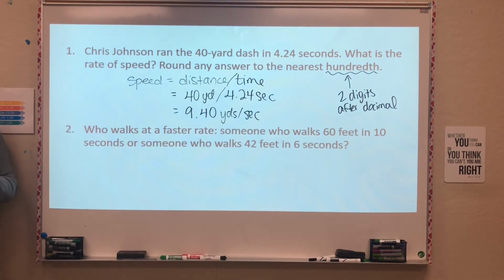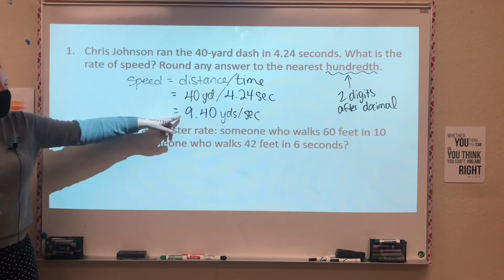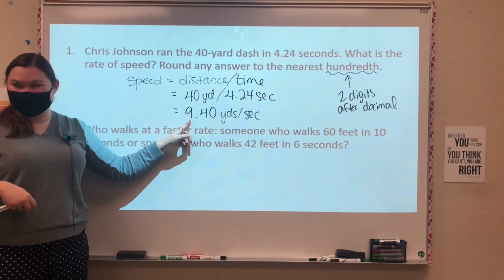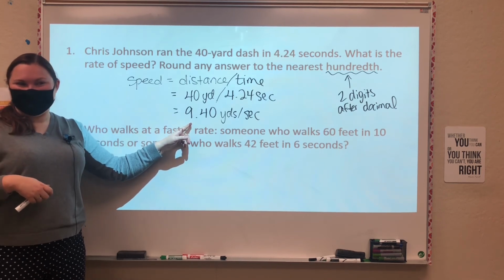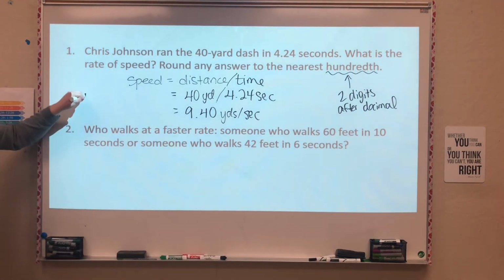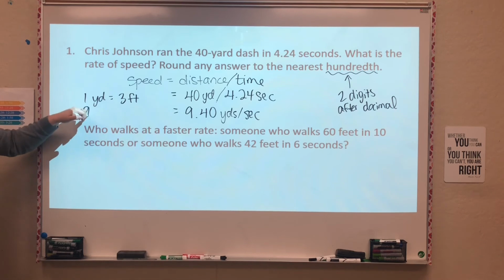Think about that. That's really insane. A yard is 3 feet. So 1 yard is 3 feet. 9 yards. How many feet is that? 1 yard is 3 feet. So 9 yards.